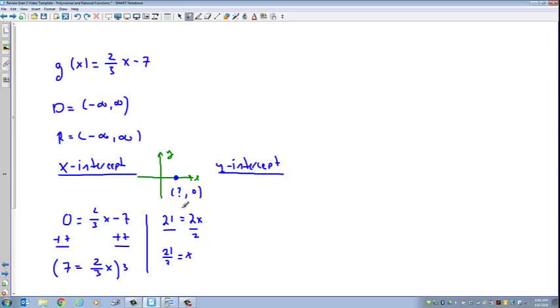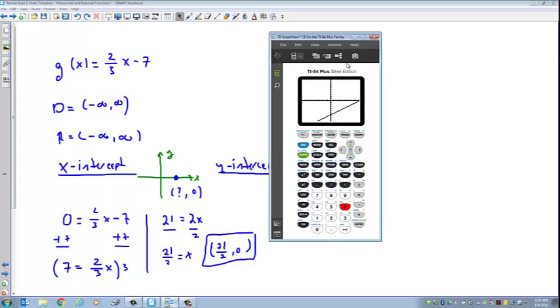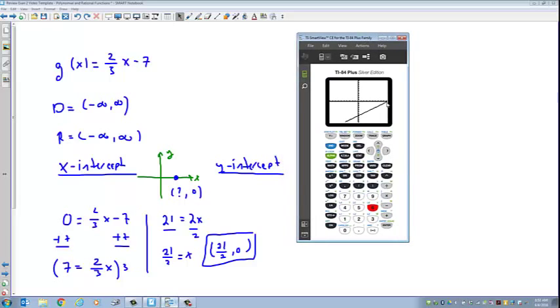So the input, that question mark, is 21/2, so (21/2, 0). That's the x-intercept. You can look at this on the graph and see that it's going to happen over here. Right over there, it's a little bit bigger than 10, which you can see, yes, 21/2 is a little bit bigger than 10.